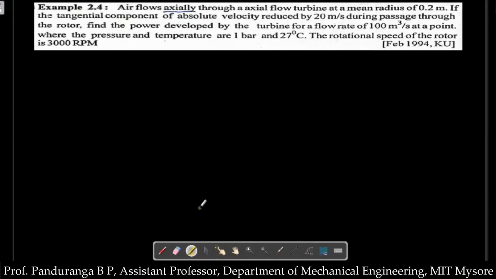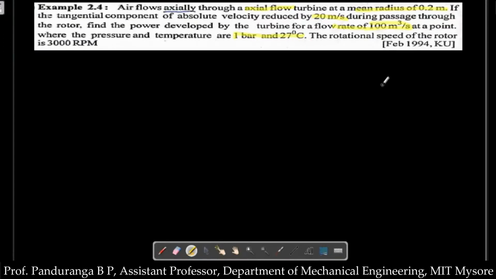If the tangential component of absolute velocity is 20 meter per second, then during passage through the rotor, find the power developed by the turbine for a flow rate of 100 meter cube per second at a point where the pressure and temperature are 1 bar and 27 degree Celsius.